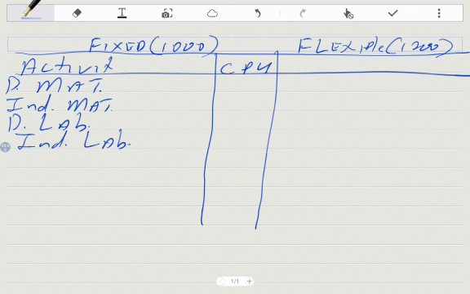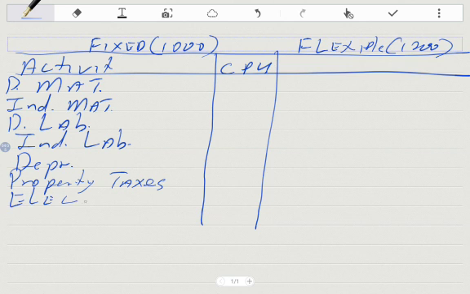You've got your depreciation, you've also got your property taxes, we've got electricity and our production overheads. So those are the activities that we have.